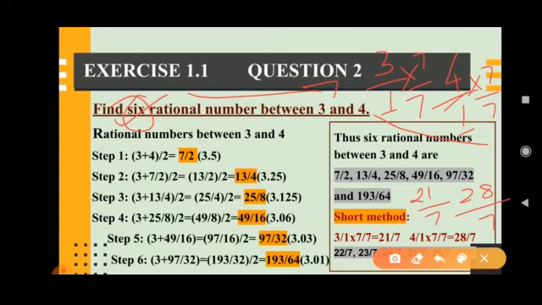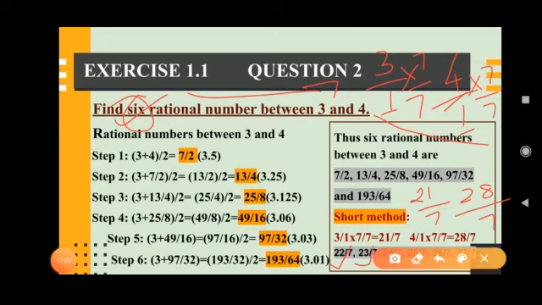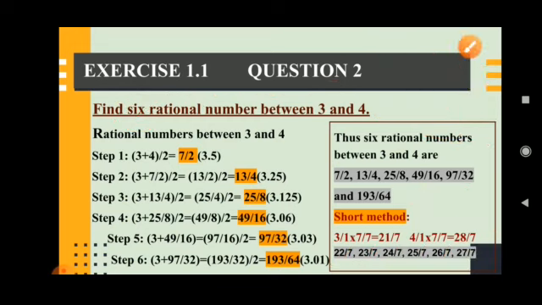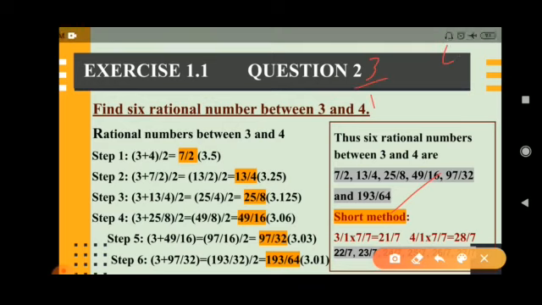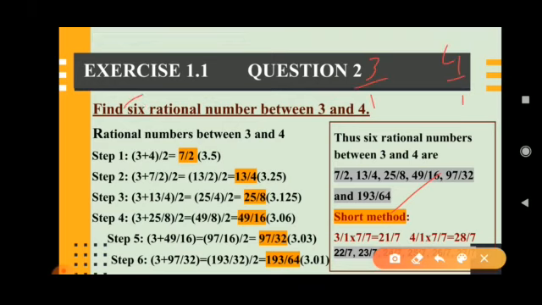So let us divide this: 21 by 7 to 28 by 7. In between we have 22 by 7, 23 by 7, 24 by 7, 25 by 7, 26 by 7, 27 by 7. This is the shortest method. Just take 3 by 1, 4 by 1, and if it is 6, take 7.